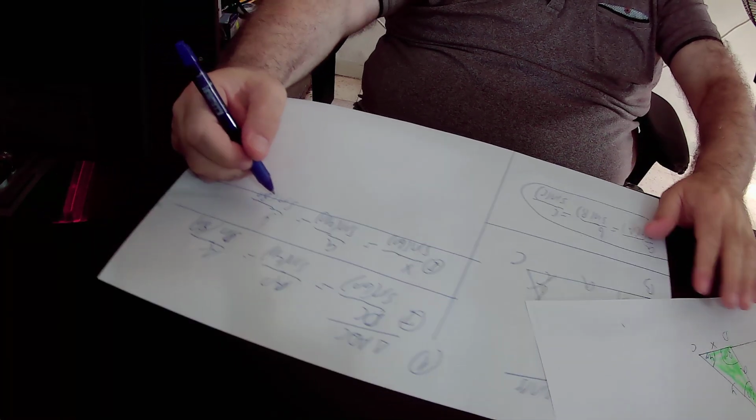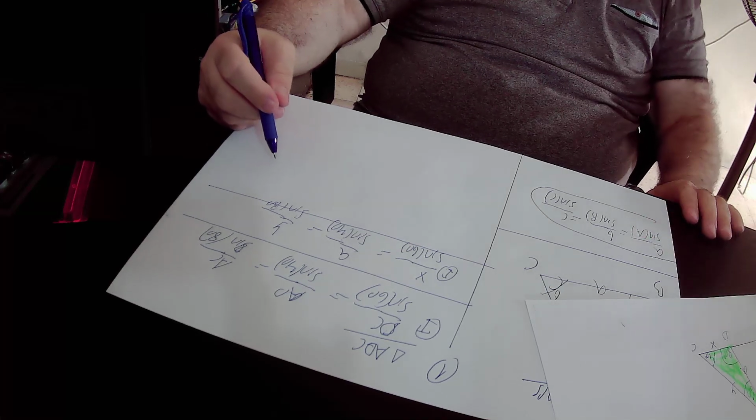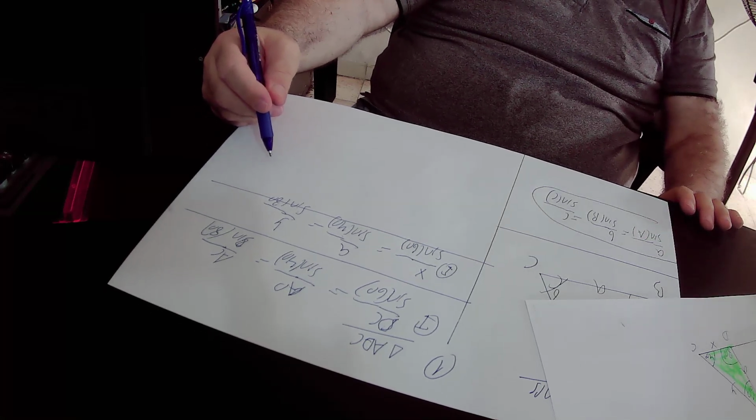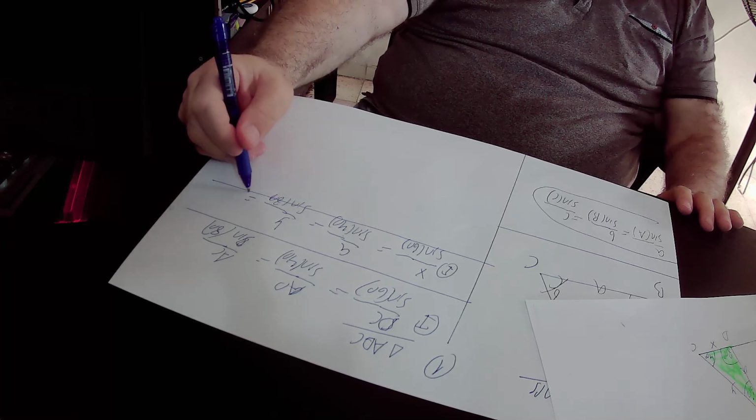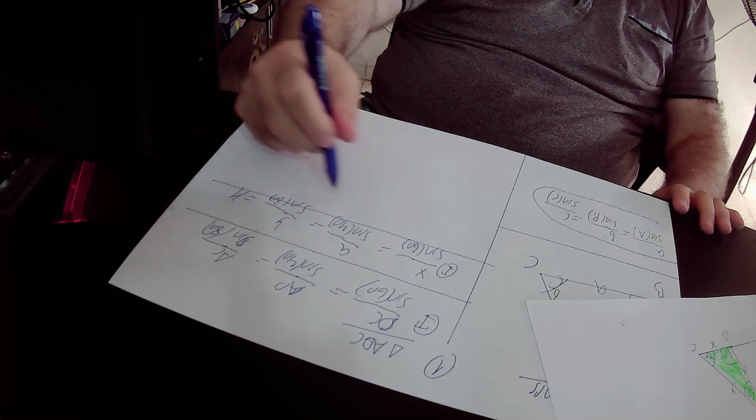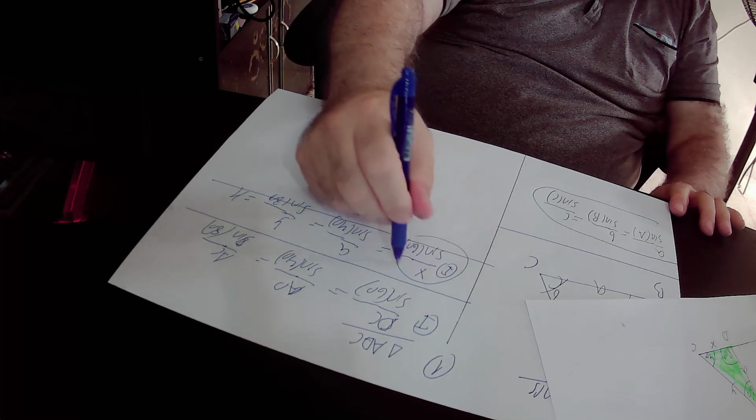So here we have three expressions that are all equal to each other, so we define the value of each as k, and we derive the first equation.